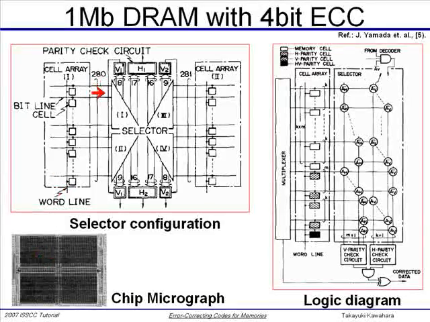They calculate the horizontal and vertical parity, and after that they calculate the four kinds of syndrome. Then you can get the correct data. This is a chip micrograph of a 1 megabit DRAM, from maybe 1984.